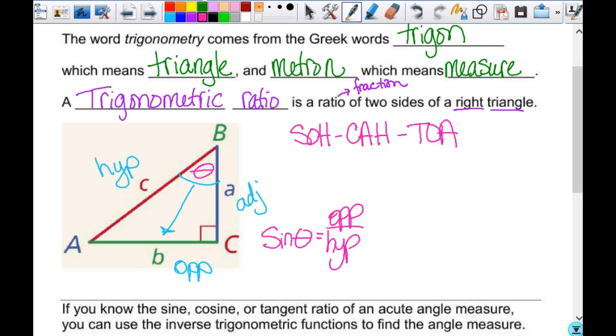Cosine is what? Adjacent over hypotenuse. And tangent is opposite over adjacent.